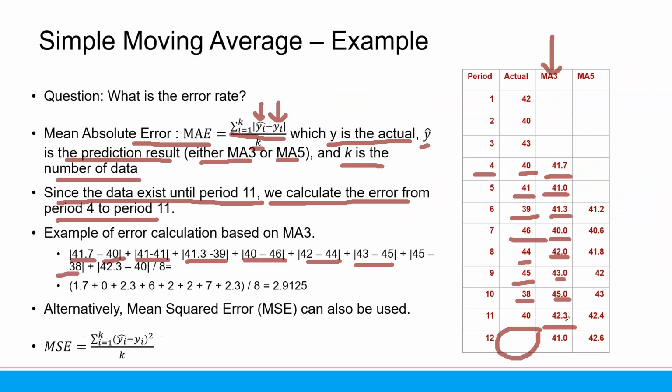And then 42.3 minus 40. And then we have 1, 2, 3, 4, 5, 6, 7, 8. So we have 8 data. So we divide with 8. At the end, we can calculate the error, and the error is 2.9125.